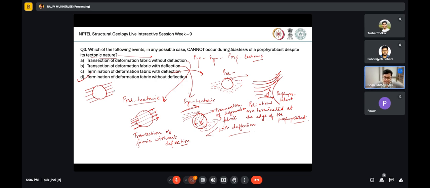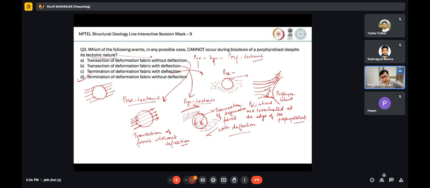If it is pre-tectonic or syntectonic, right? But a clast can never be post-tectonic, right? Sorry, I'm not telling the correct answer.